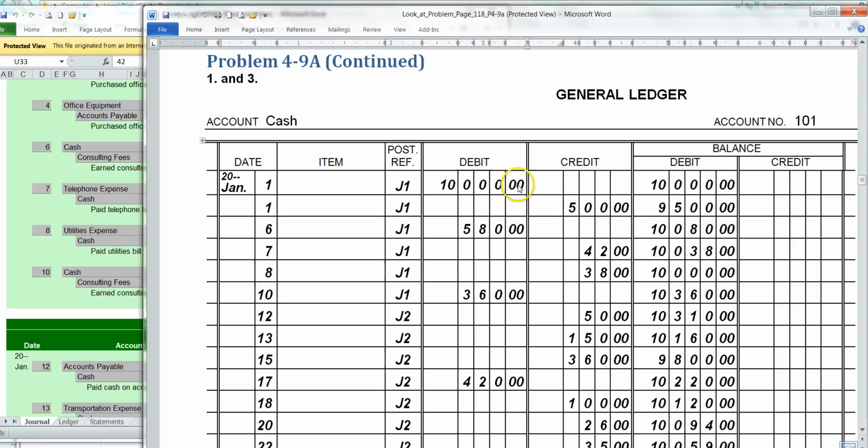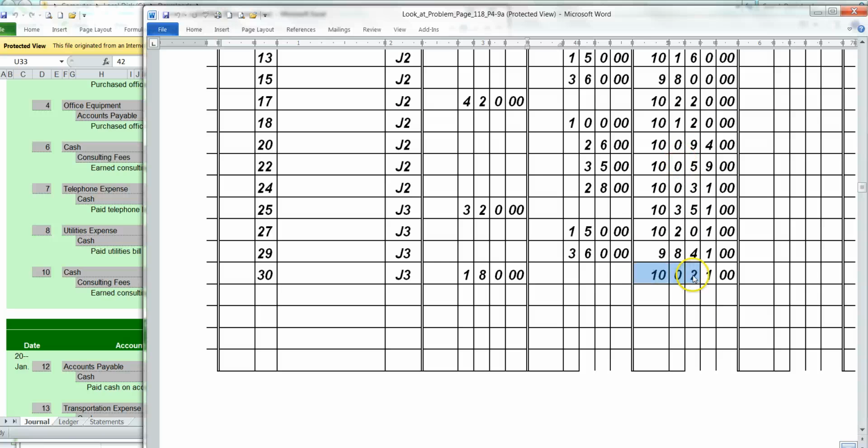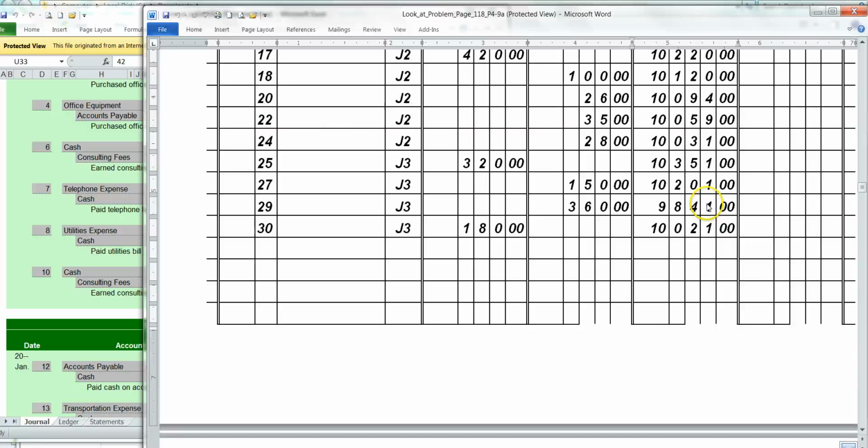So cash is usually the account that we use most. And you will see we have a debit and credit balances for each transaction and a running total. Now we're going to use, these are our balances. A debit balance of 10,021.